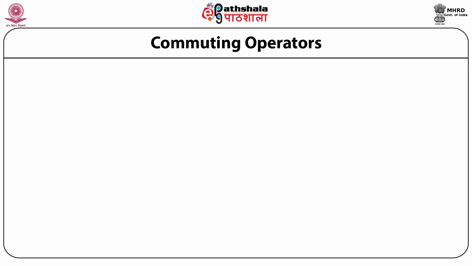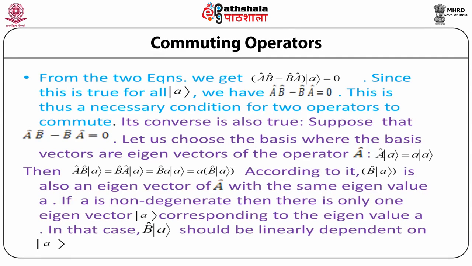Commuting operators. From the two equations that we have discussed above, we get operator A, operator B minus operator B, operator A, within brackets, acting on ket |a> is equal to 0.